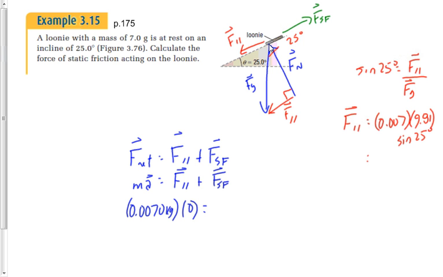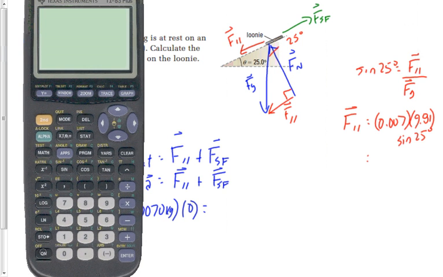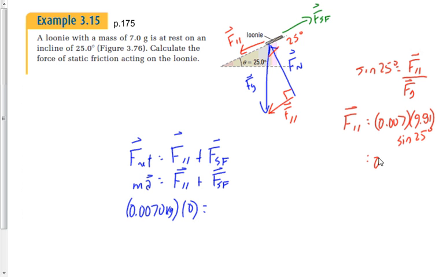Let's get that force parallel. 0.007 times 9.81 times sine 25 gives me 0.02902. It's a pretty small force, but it's a force on a loonie, so of course it's going to be pretty small. We're going to make that negative because it's down the hill.